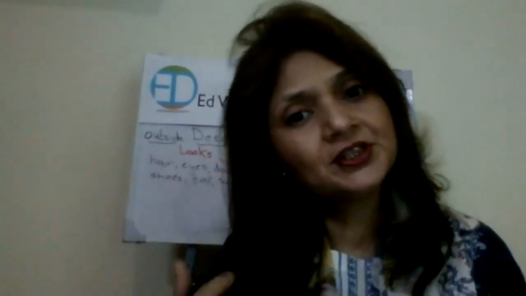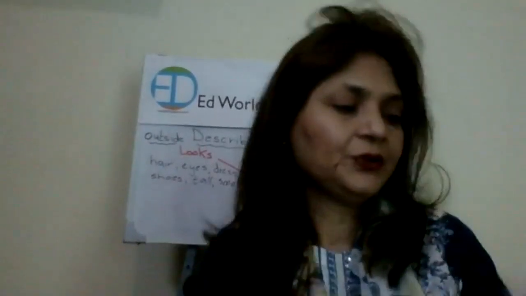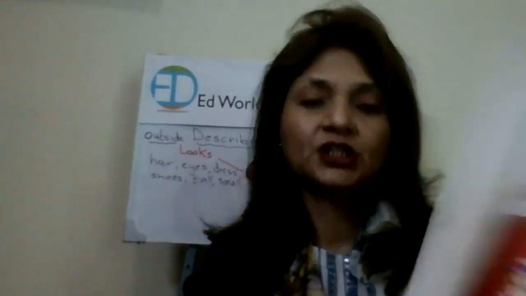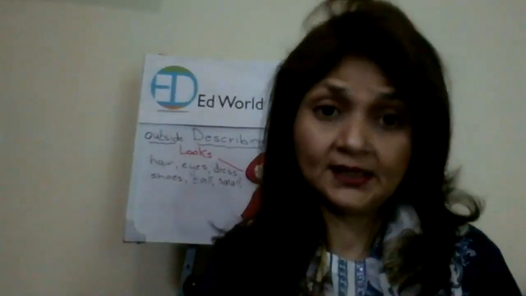So we are going to describe Ada now. You can see here on page 95 of Nelson English, you can find the picture of Ada. You have to describe how she looks in the story and what her personality traits are, what type of person Ada is.